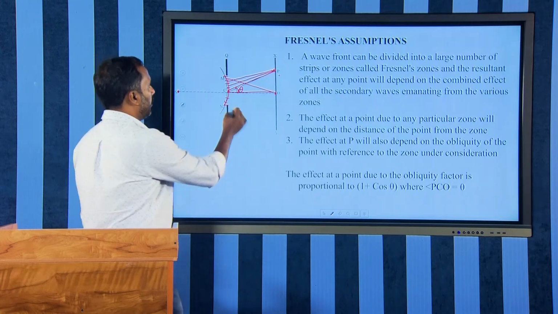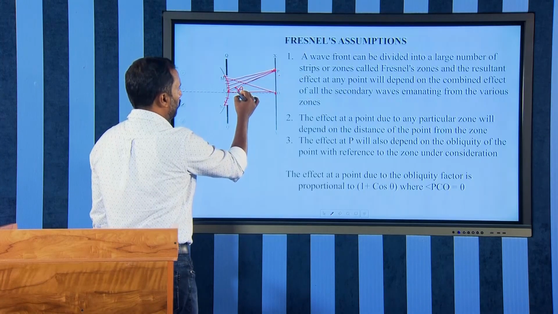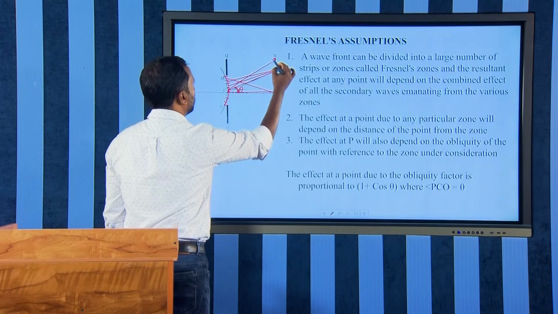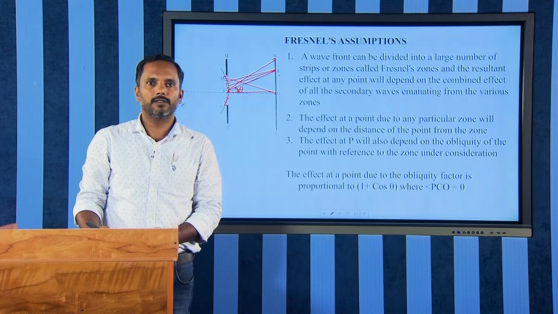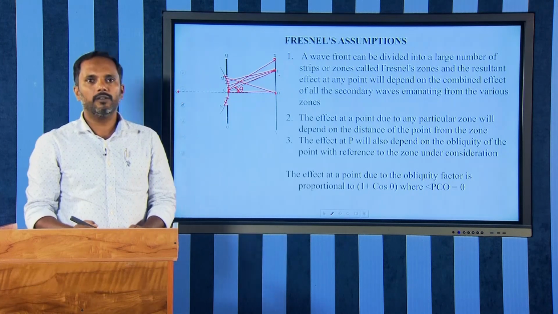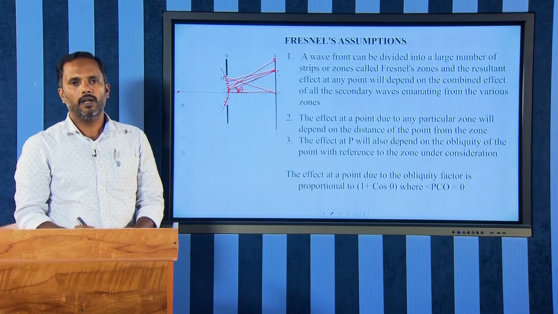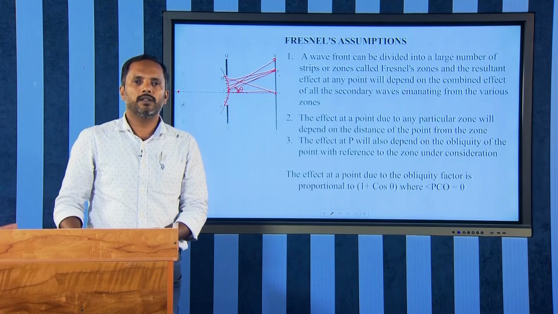Now, if I consider this particular point, this is the obliquity, and if I consider another point over here, then the obliquity increases. As the obliquity increases, the effect decreases. So, what is the third assumption? The effect at point P depends on the obliquity of the point with respect to the zone under consideration.